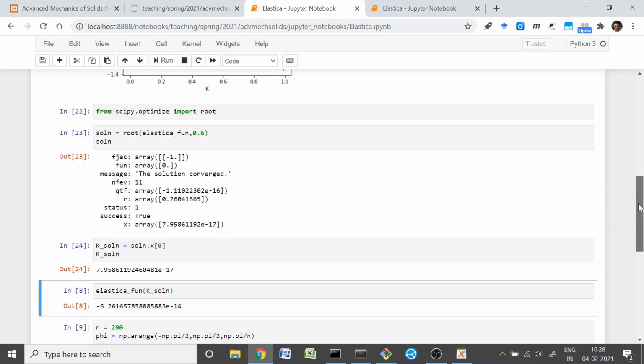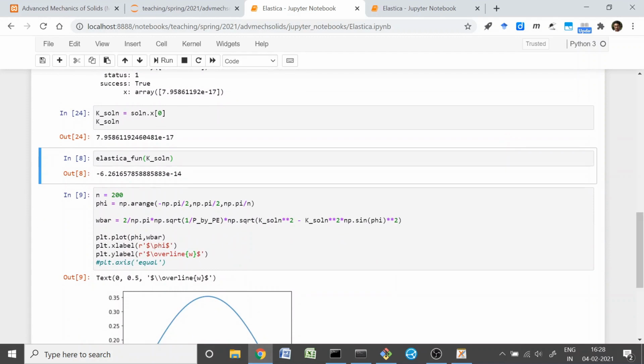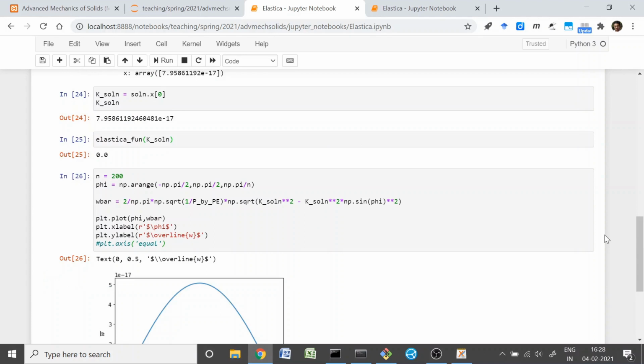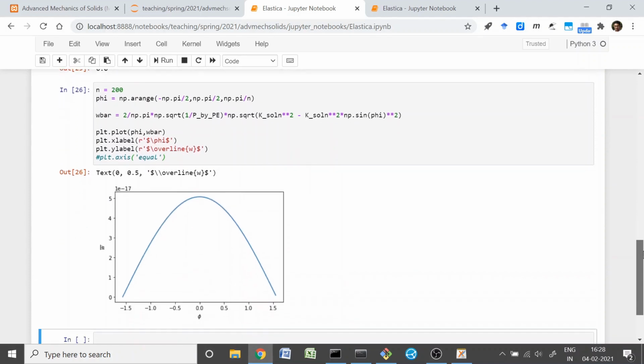And of course, if we run this, then also we are going to get this k solution, that's fine. But if we run this, you see the deflection that we're getting is of the order of 10 to the power minus 17. Okay, so that is basically 0.